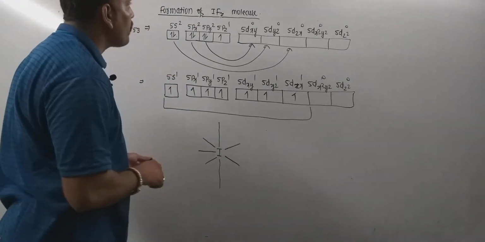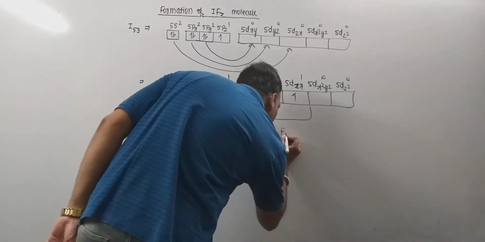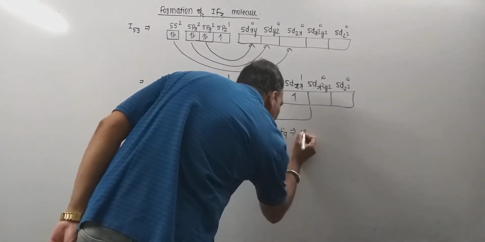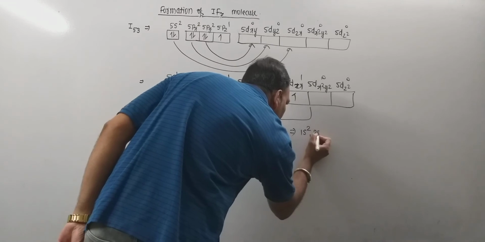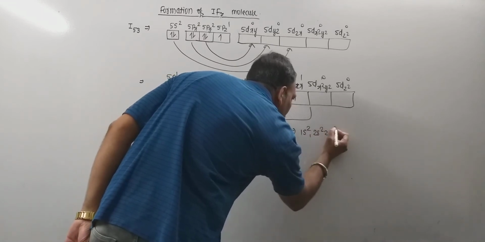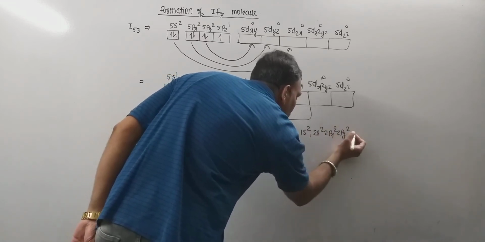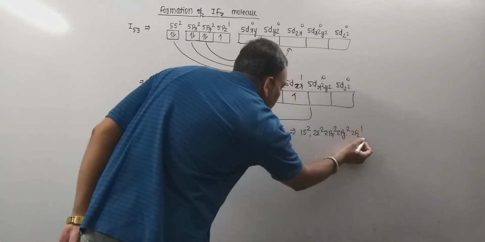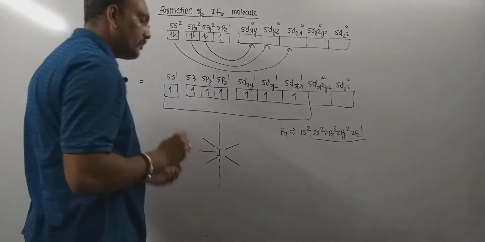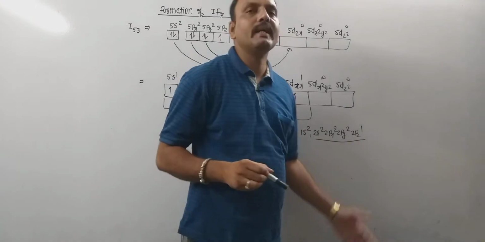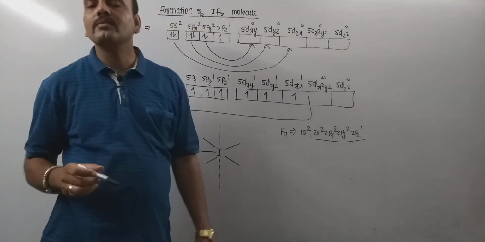Now it's turn for fluorine. We know that fluorine's atomic number is 9. Its electronic configuration is 1s2, 2s2, 2px2, 2py2, and 2pz1. Now in valence shell, 2pz orbital is half filled, that is it contains unpaired electron.